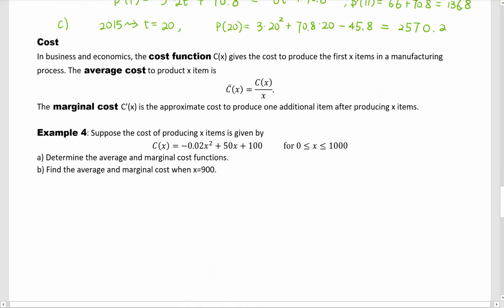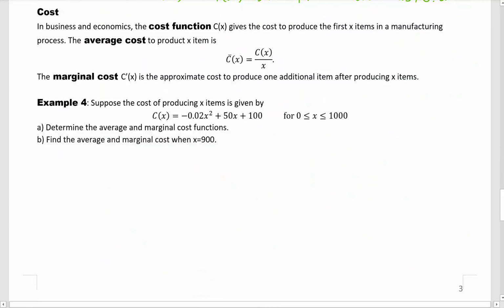Next, let's continue. So we have cost. This is our last model, okay? Cost. In business and economics, the cost function gives the cost to produce the first X items in the manufacturing process. The average cost to produce X items is, so you use the cost divided by the number of items, right?